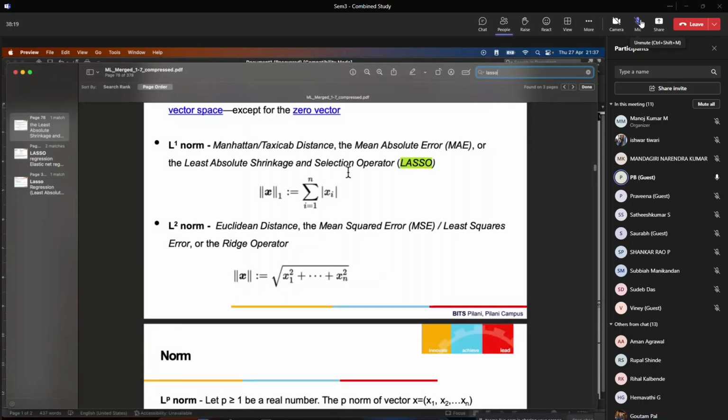If you are using principal component analysis, you are good. If you are using a decision tree to identify the best features, you are good. But if you are using lasso regression, then half of your job is done. You don't even have to go to PCA or smart techniques to identify the features. It will do the job for you behind the scenes.